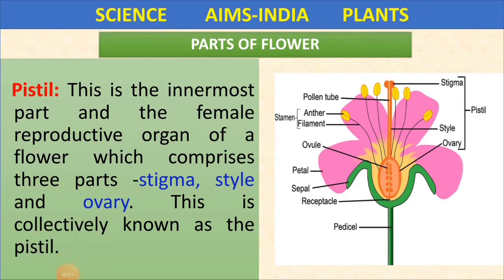What is a pistil? Pistil is the innermost part and the female reproductive organ of a flower which comprises three parts, that is stigma, style and ovary. This is collectively known as the pistil.